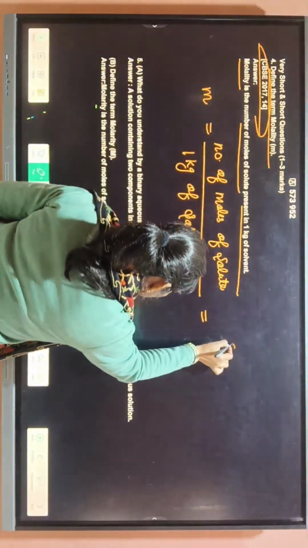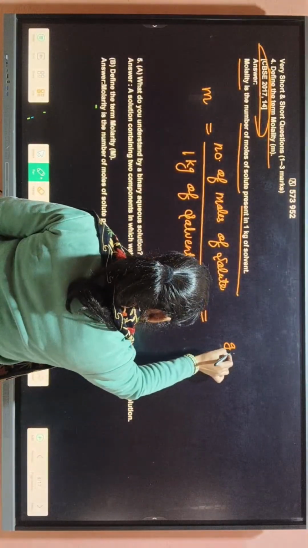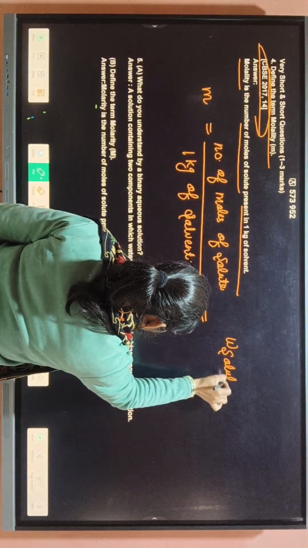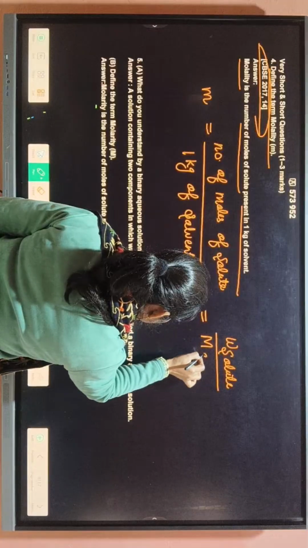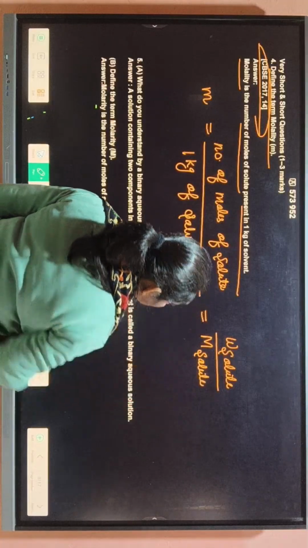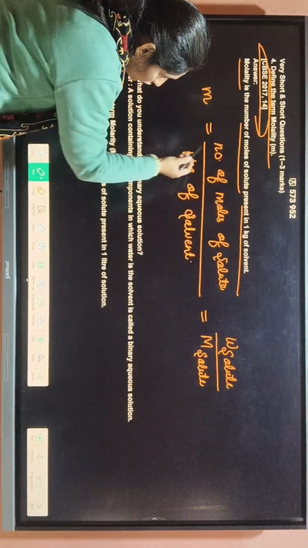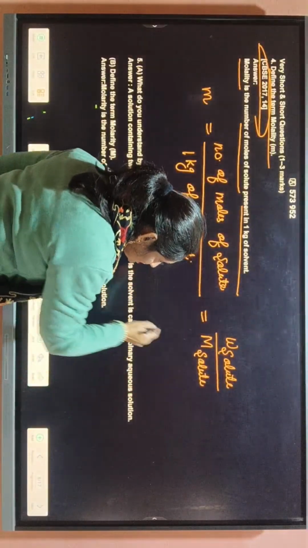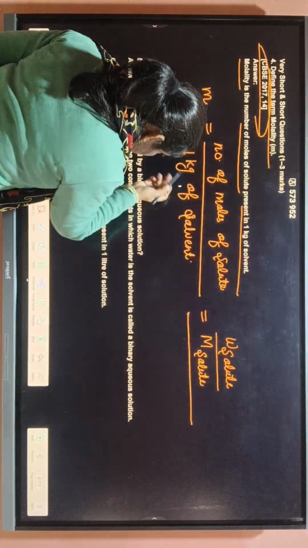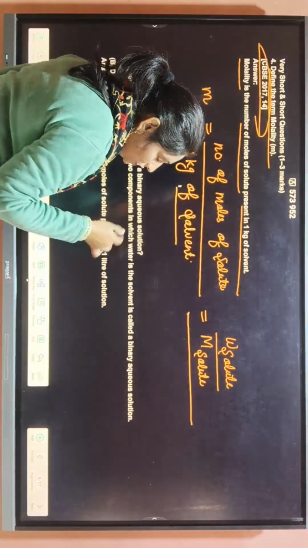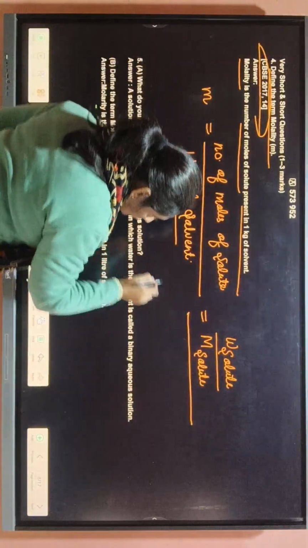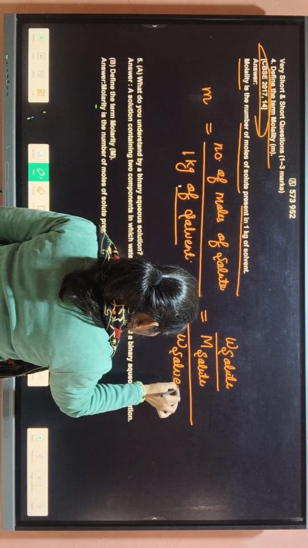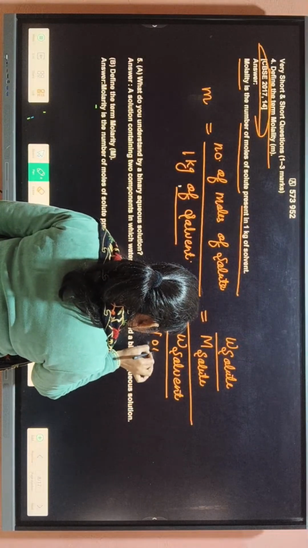Given mass of solute divided by molar mass of solute. If the mass is also given in gram, how will you convert into kilogram? Here given weight of solvent divided by 1000.